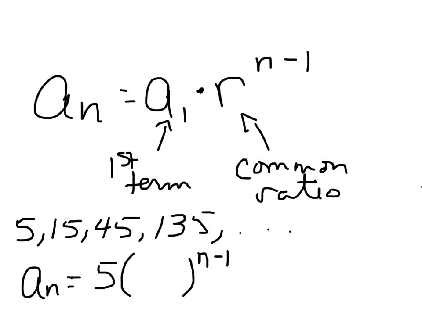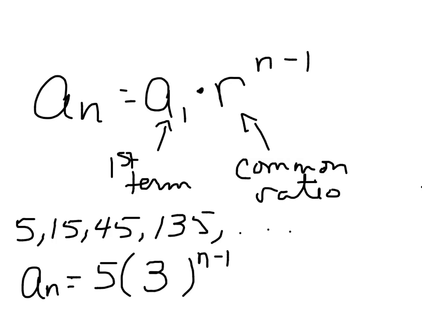What's the ratio? Multiplying by 3, so that's the R. Now, I'm not going to put the multiply symbol in there because what do the parentheses indicate? Multiply. Right. Done. That's the rule. Very similar to the arithmetic one where you put A1 in and you put the D in, and then you were done.